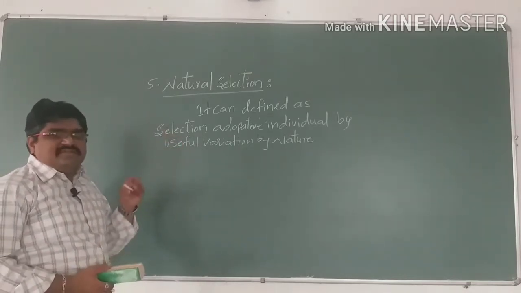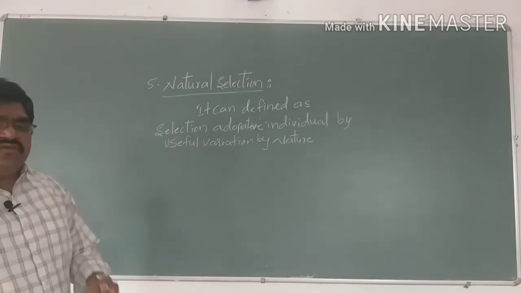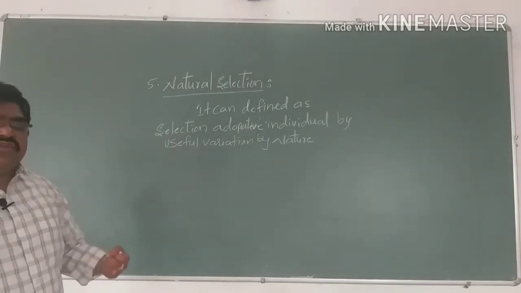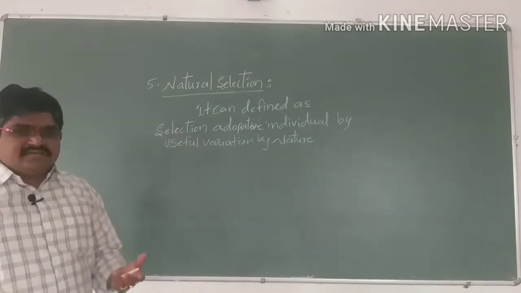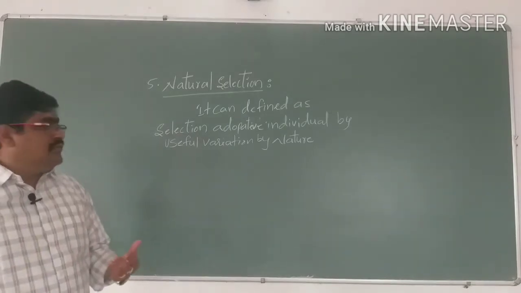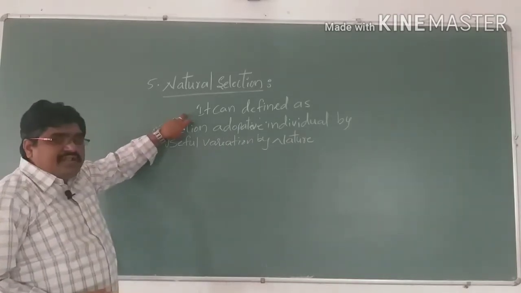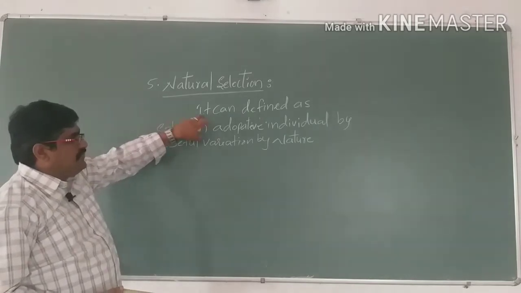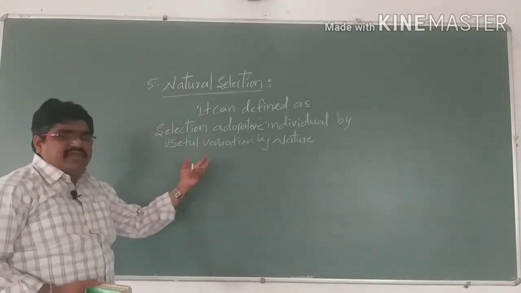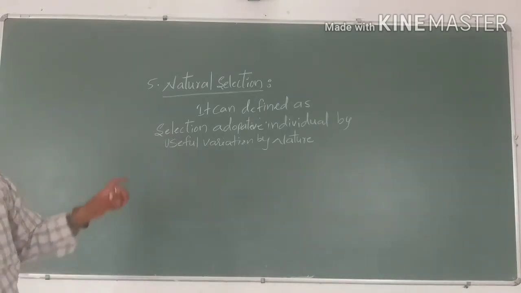That means nature will select; we have already discussed this in variations. If the variations are useful, these useful variations are helpful for selecting better adaptive characters and better adaptive individuals. Better adaptive individuals by useful variation by nature is called natural selection.